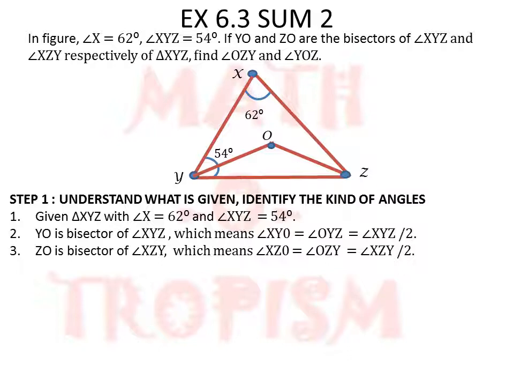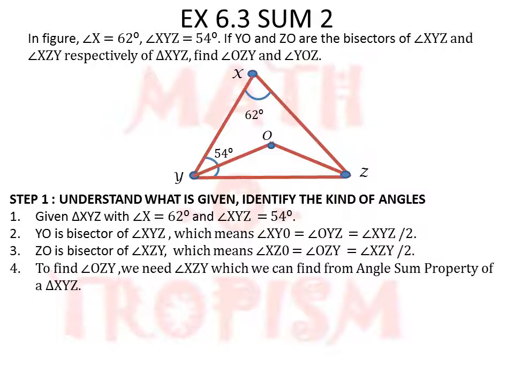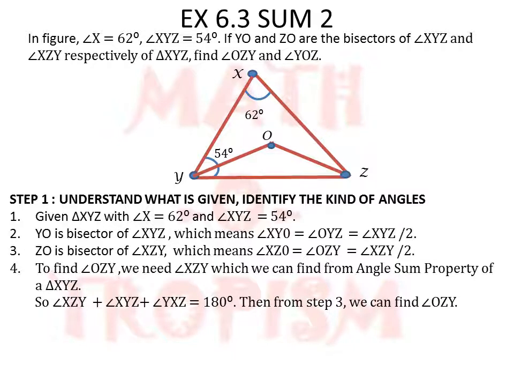Now what they have asked us to find is, first let us find angle OZY. Now OZY is half of angle XZY. So what does that mean? We know angle X, we know angle Y. So we can find angle Z from the angle sum property of the triangle XYZ. So angle XYZ plus angle XZY plus angle YXZ all will be equal to 180 degree. So the sum of them is 180 degree.